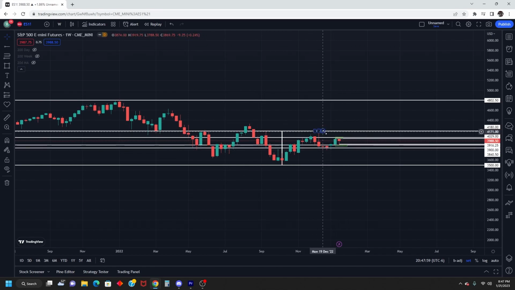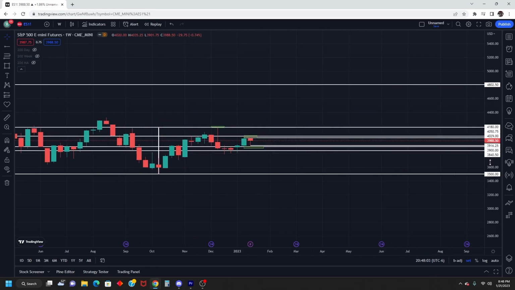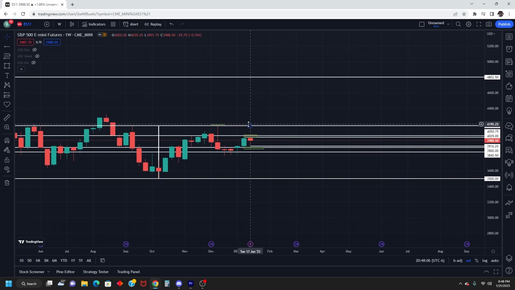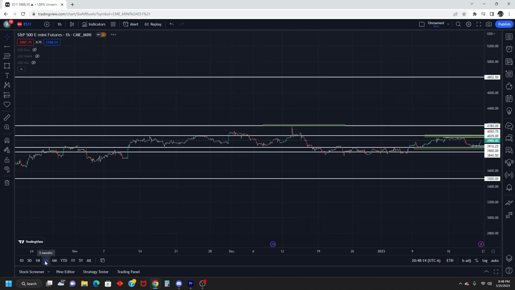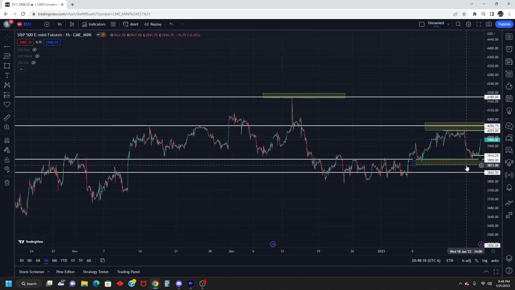Shoot upwards, and then this could be that shoot upwards, or we could be trying to retarget this excess liquidity over 4180. In my opinion, I don't know if we're going to get to 4180, but we sure did have huge accumulation at that 3900 area.